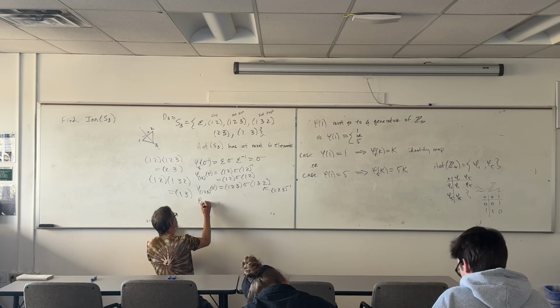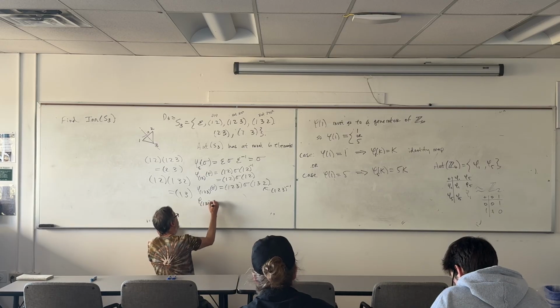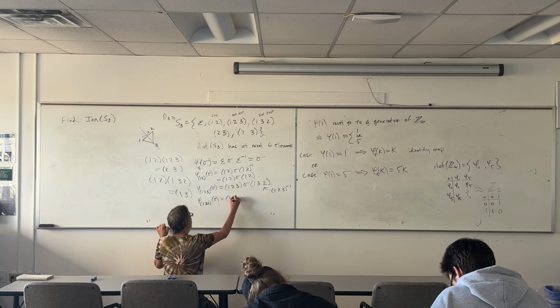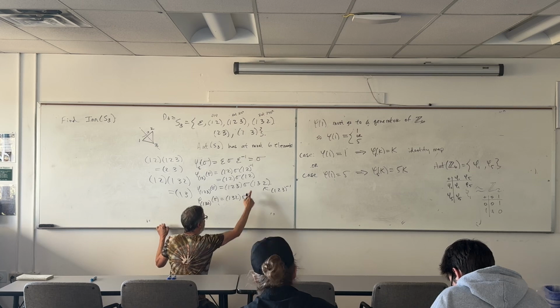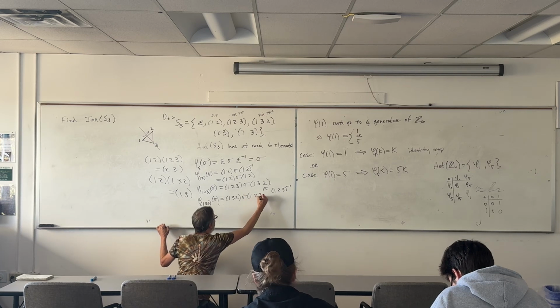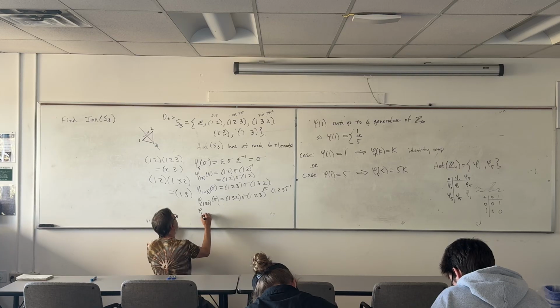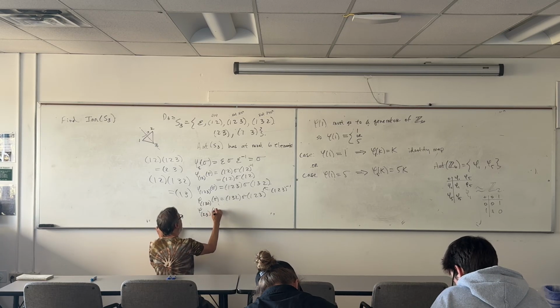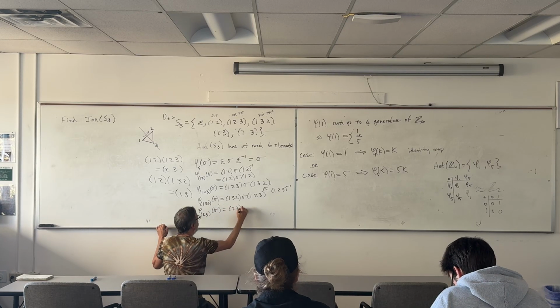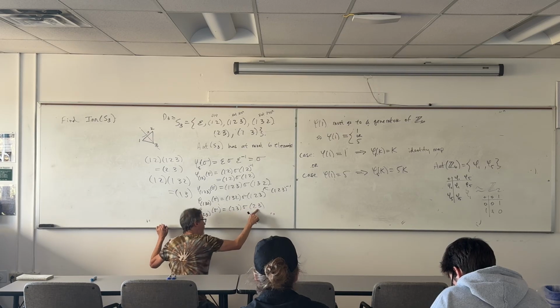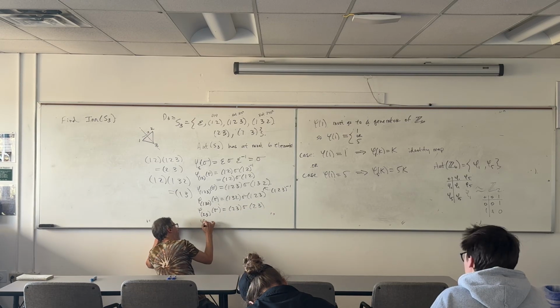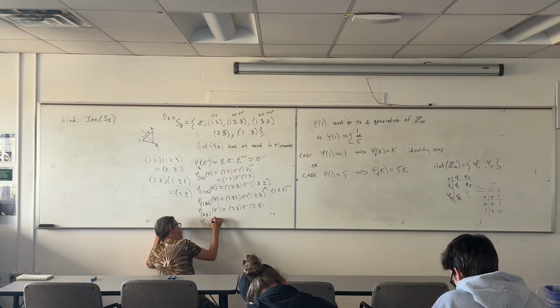And then we've got phi of 1, 3, 2, sigma, 1, 3, 2, sigma, and then by that same observation, this is 1, 2, 3. And we've got two more, phi of 2, 3 of sigma is 2, 3, sigma, 2, 3, because that's its own inverse, and then the last one is this one.